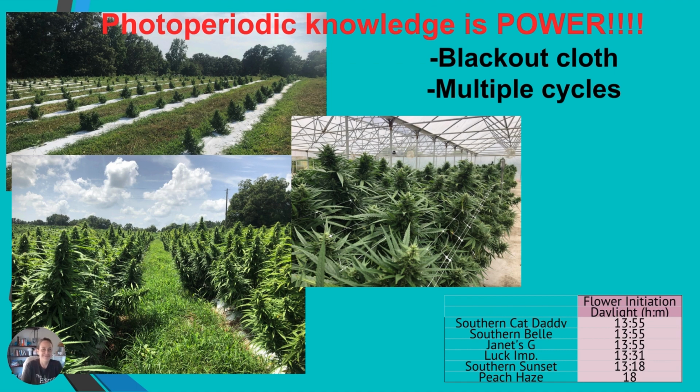And I want to say it again. If you have this knowledge, it makes you powerful. Knowledge brings power. And you may say, well, we've already got blackout cloth, so it doesn't matter. We're always going to give them 12-12. That's fine, but there's more to it than just simply keeping the plant awake or not.